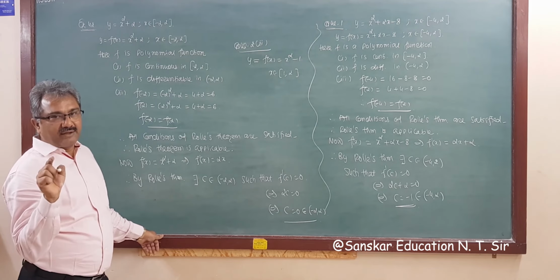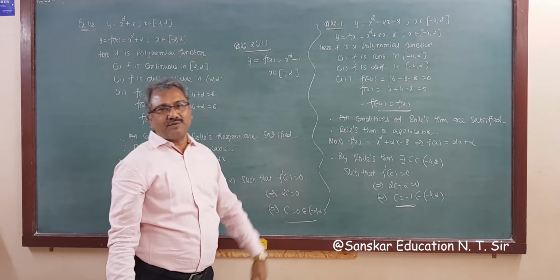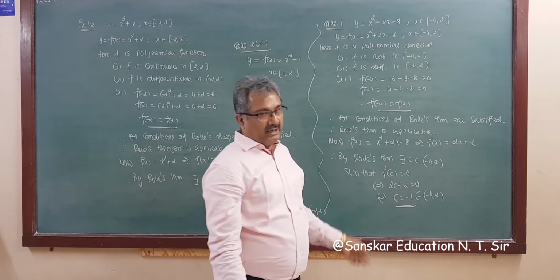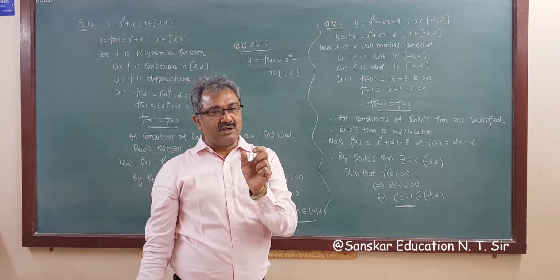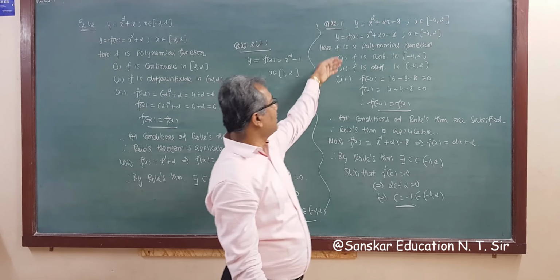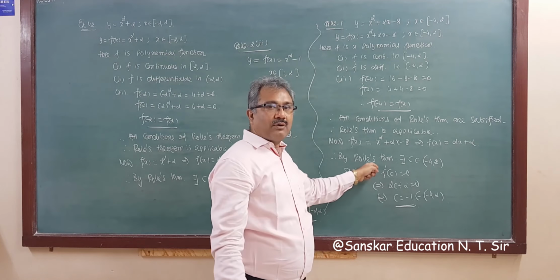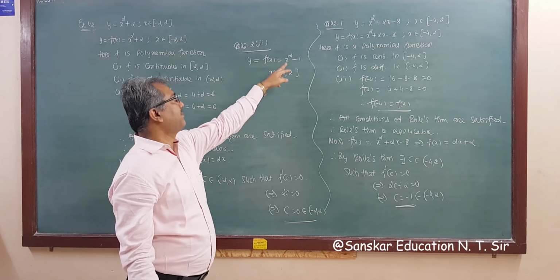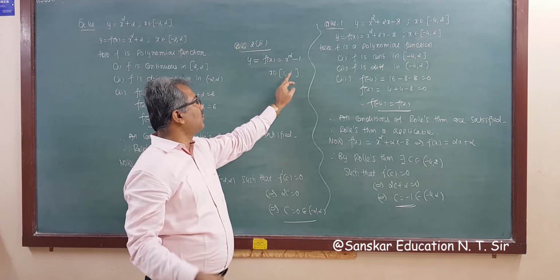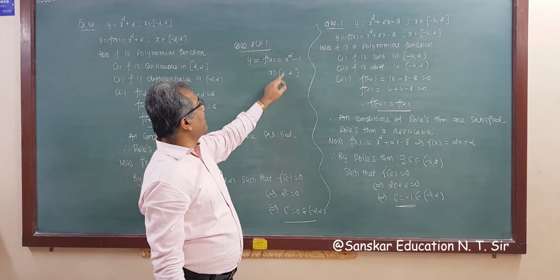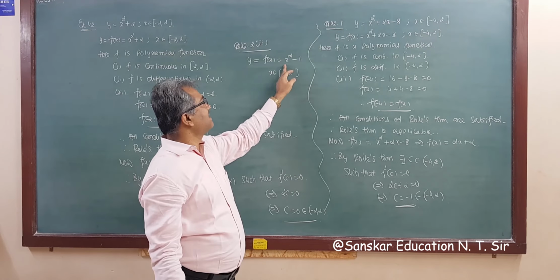Now remember one thing, these are all MCQ questions, so no need to check all these conditions. If in the MCQ there is an option that Rolle's theorem is not applicable, then go for that, otherwise you have to calculate. Suppose this is a polynomial function, so it is continuous in the closed interval, differentiable in the open interval.